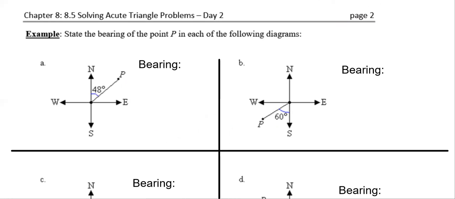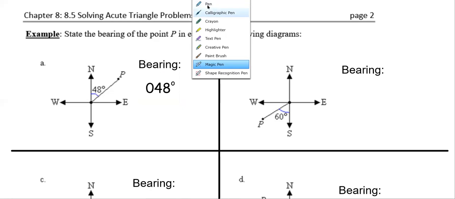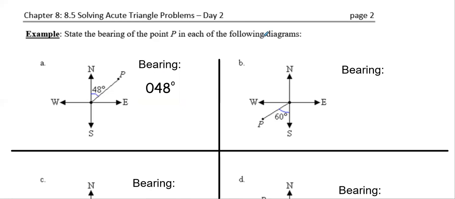Okay, so this particular one here, again, measuring from north to P, that measurement there is 48 degrees. So the bearing, though, would have to be written as 048 degrees. And I'll just put that little degree symbol in there. Okay. And then in B, for this P, if that's 60 degrees, then we're going to need to be able to measure from here to there.